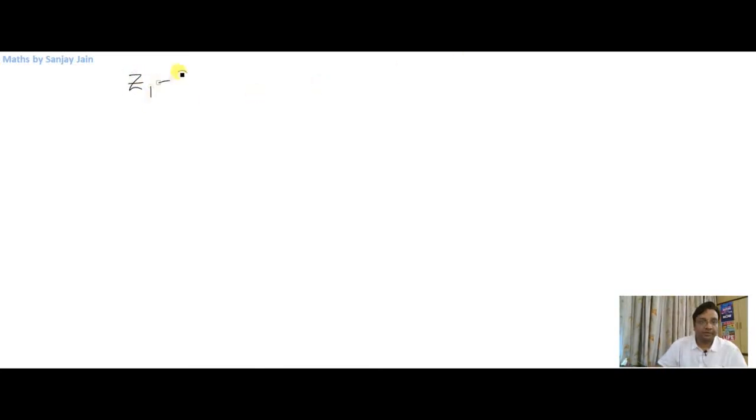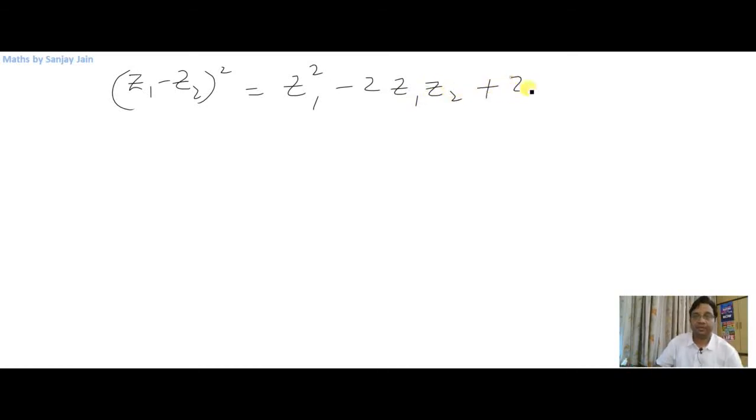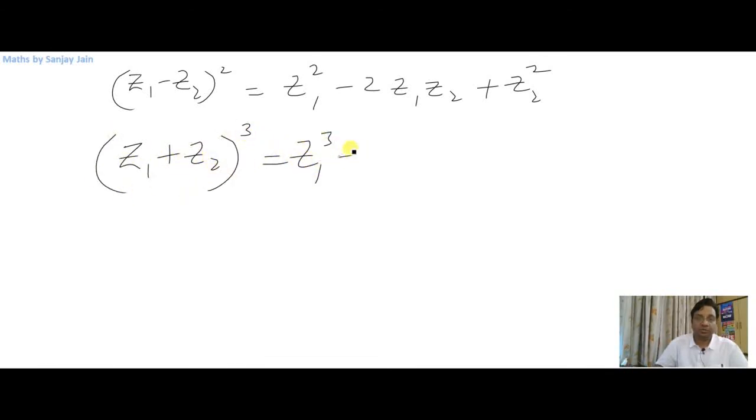So z1 minus z2 whole squared will be z1 squared minus 2 z1 z2 plus z2 squared, and then z1 plus z2 cubed will be written as z1 cubed plus 3 z1 squared z2 plus 3 z2 squared z1 plus z2 cubed.